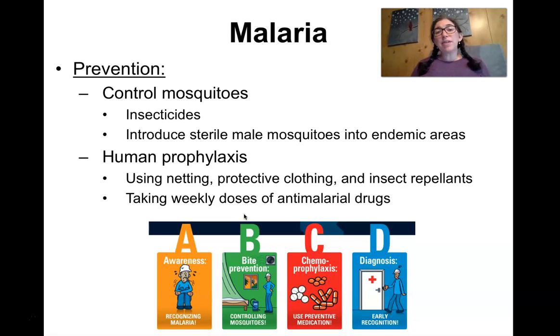But it was actually being used primarily to get rid of mosquitoes that carried malaria. And actually a couple of countries were able to eradicate malaria through the use of DDT. So there has been some talk of bringing it back in certain places because it's such an effective insecticide. And if we could kill off all the infected mosquitoes, then we could really hugely reduce the burden of malaria.